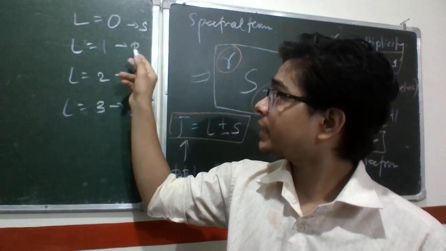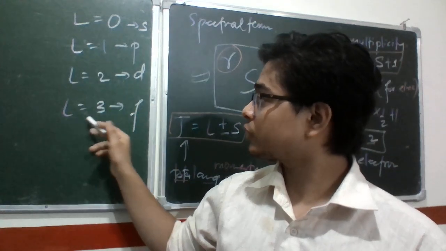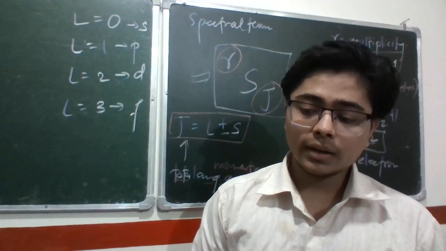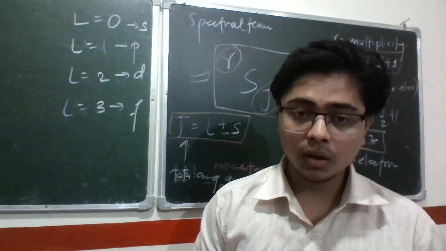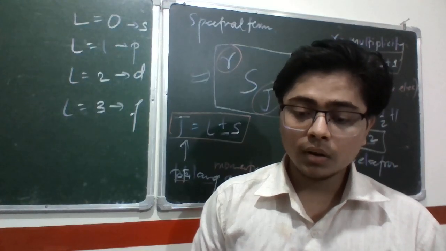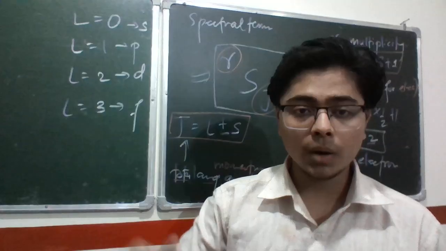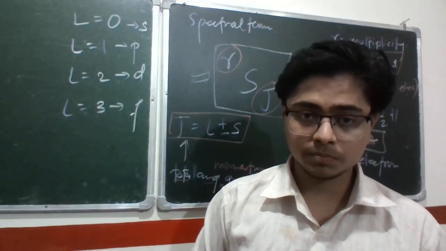If L equals 1, it means the p orbital, L equals 2 means the d orbital, and L equals 3 means the f orbital. Let's suppose a spectral line is formed when an electron comes back from the p orbital to the s orbital.